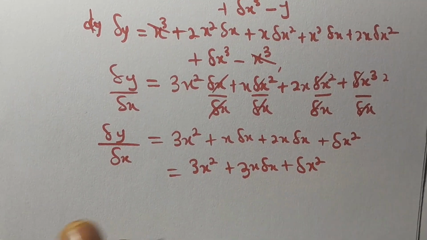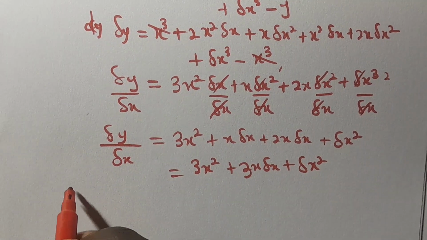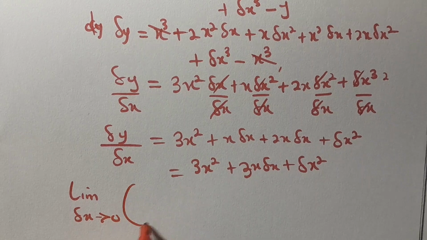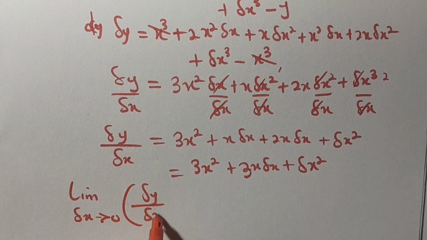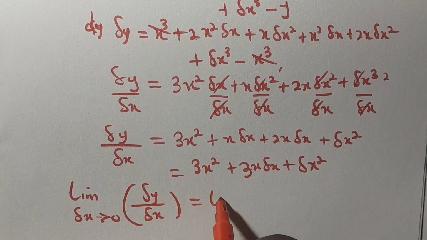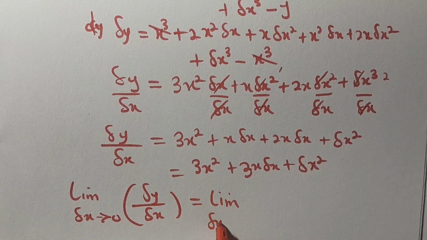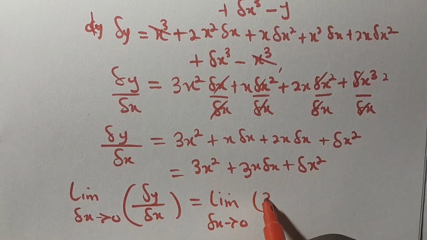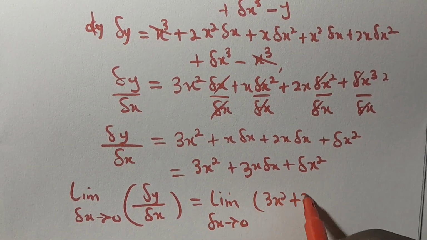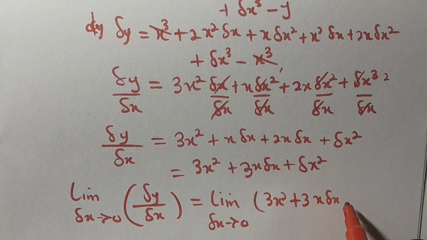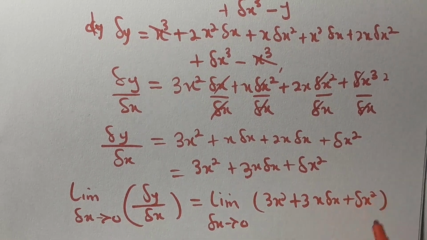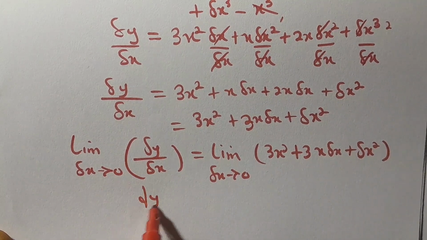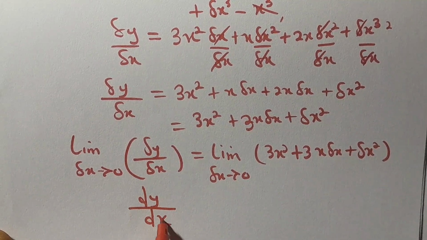So by taking the limiting value of this, we have the limit as change in x tends to 0 of dy over dx, which will be the limiting value as change in x tends to 0 of 3x squared plus 3x change in x plus change in x squared. So from here, this will change to dy over dx.